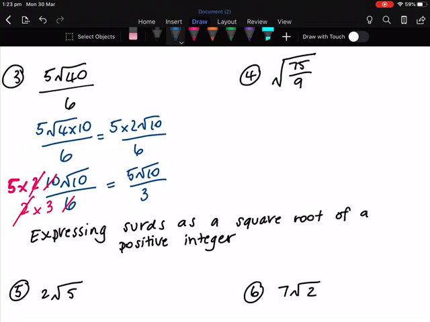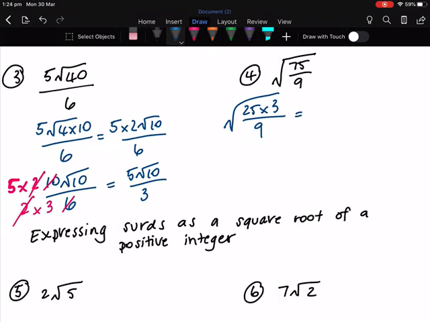All right, next one, we've got the square root of 75 over 9. So again, we're looking for square factors. 9 is already a square factor. And I can see 25 will go into 75. So this becomes the square root of 25 times 3 over 9.